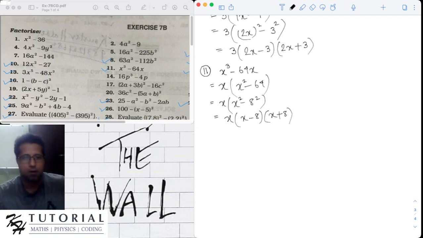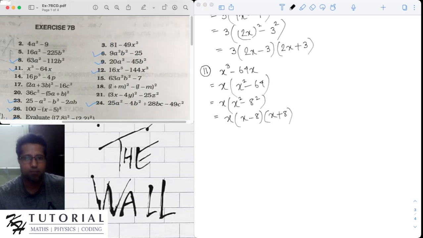Okay, let's do problem number 12. I'm trying to solve as many problems so that you have a better idea how to apply the concepts or how to approach. This is 16 x to the power 5 minus 144 x cube.